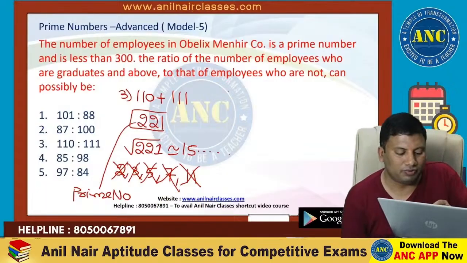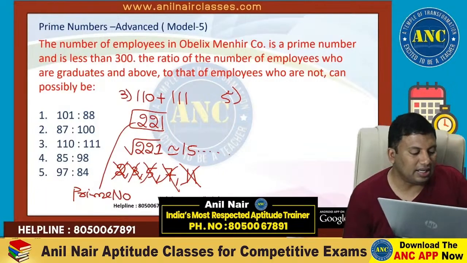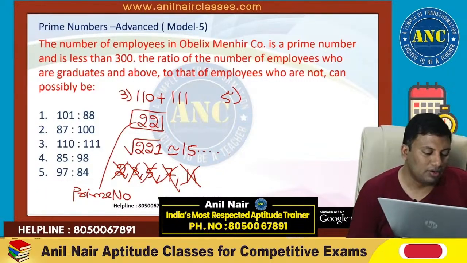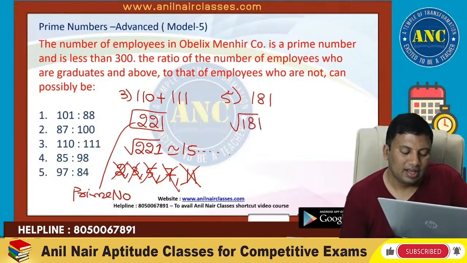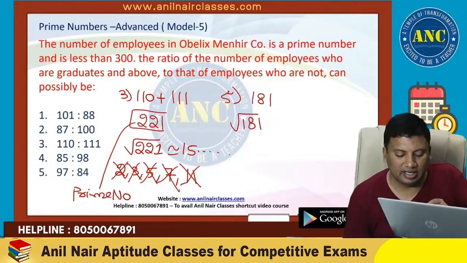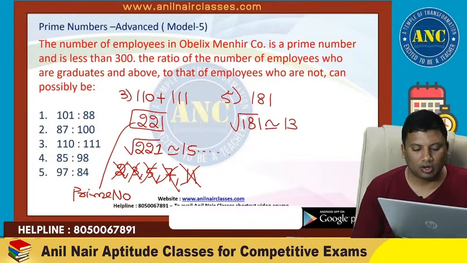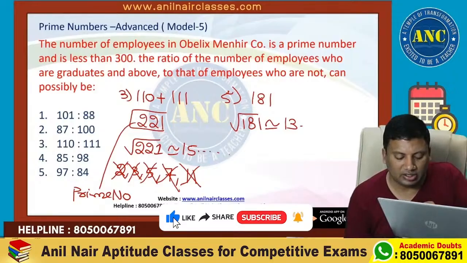Let us do the fifth one. 97 plus 84, which is nothing but 181. Root of 181. 14 square is 196. It is closer to 13, between 13 and 14.